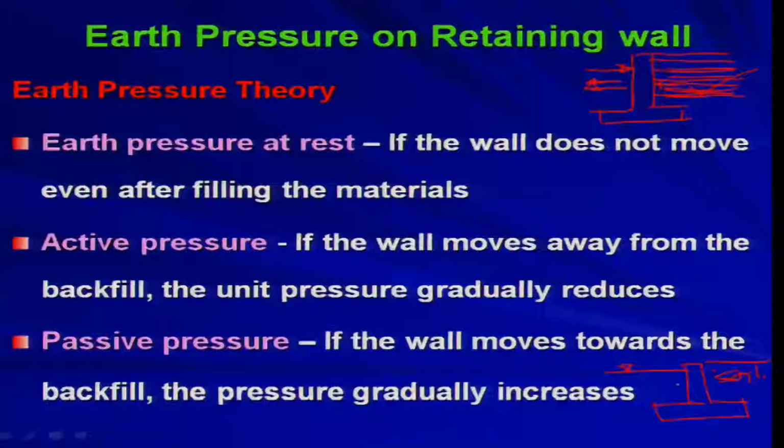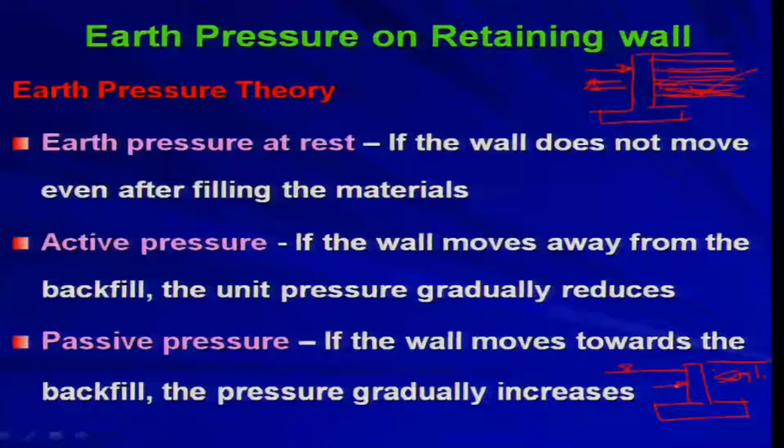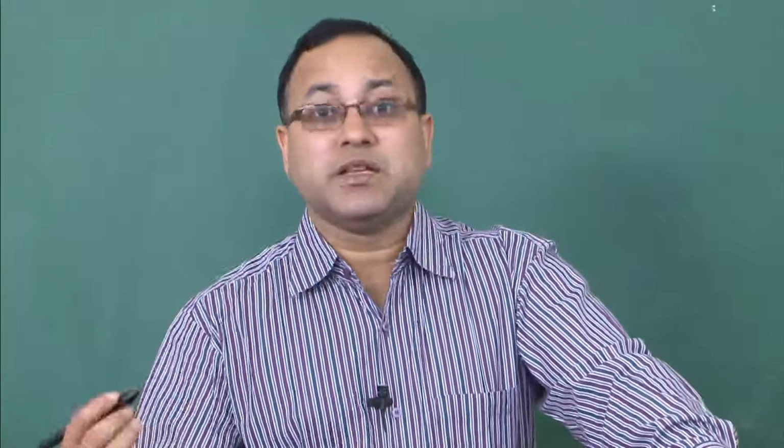Now, this water pressure will try to push the wall towards the backfill, am I right? So this pressure, due to waves or any kind of static hydrostatic pressure, will try to move the wall towards the backfill, and whatever lateral pressure is then exerted on the wall is known as passive pressure, right.